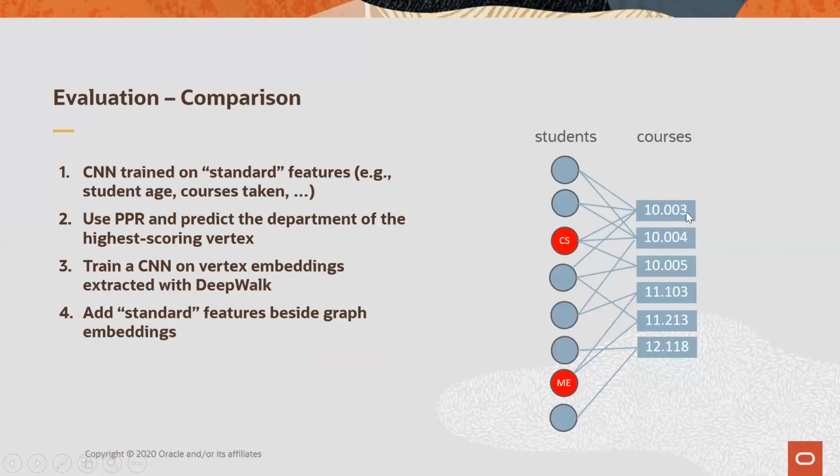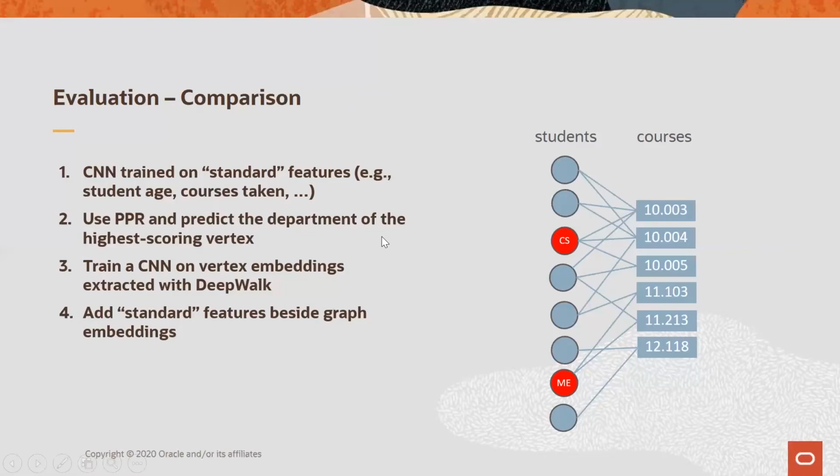Also on the courses, we had additional information. In fact, we used entity recognition to figure out from the course description what the keywords are and so forth. So we used this convolutional neural network to predict, on the basis of the labeled data set which we have here, what students are associated with which department.